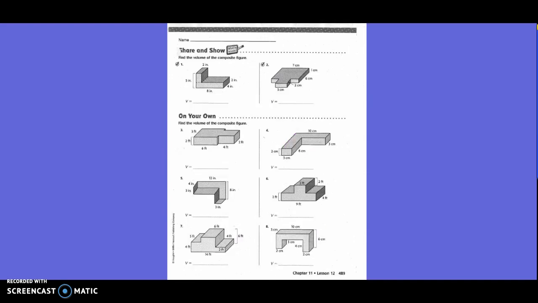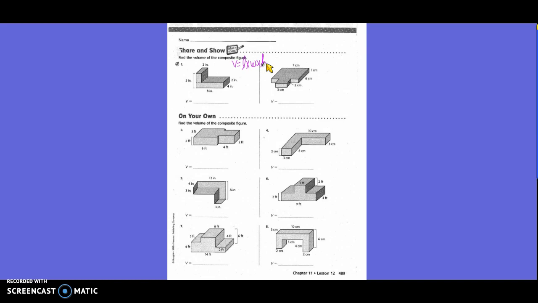Share and show. Find the volume of the composite figure. So it looks like they broke it right here, right? They already put our little dotted line on there for us. What is our formula? We have to start with that first. Volume equals length times width times height. Okay? So of the first one, the width is 2, right? What's our length?